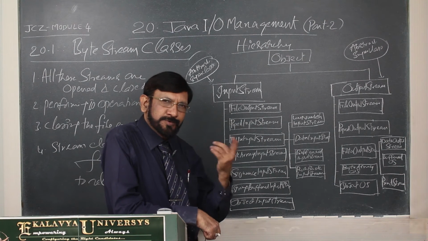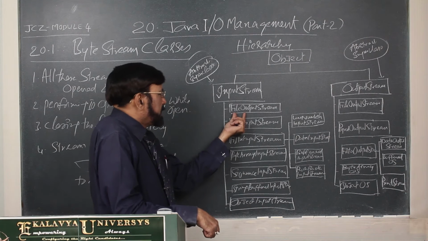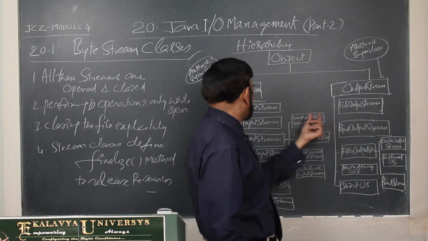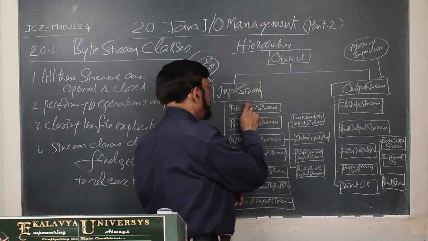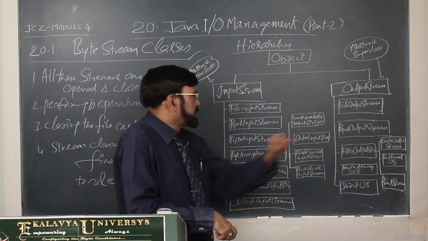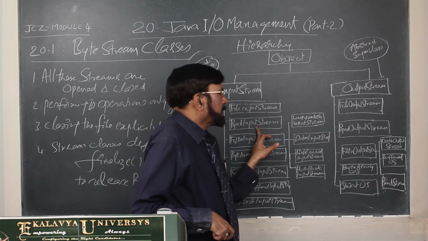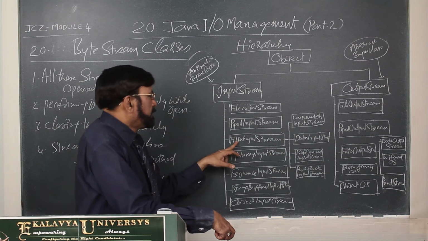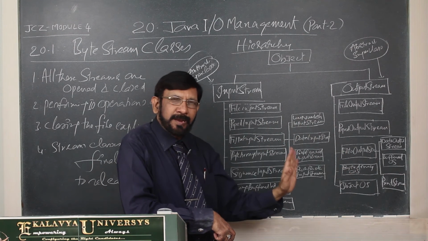Already I showed it to you, that counterpart you can easily find, that file output stream. Now, this is a file input stream, file output stream, piped input stream, in that way piped output stream, filter input stream, filter output stream, like that.